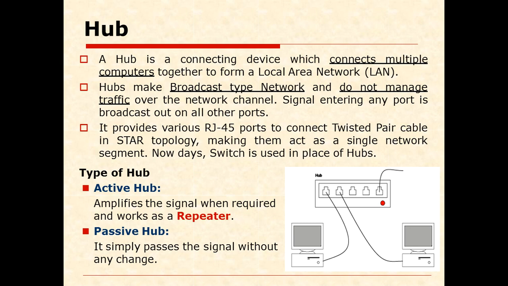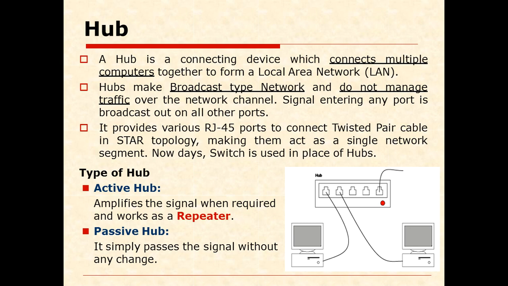The repeater will be used for strengthening the signal. That means amplification. Whenever a repeater is used in your network, that is an active hub.